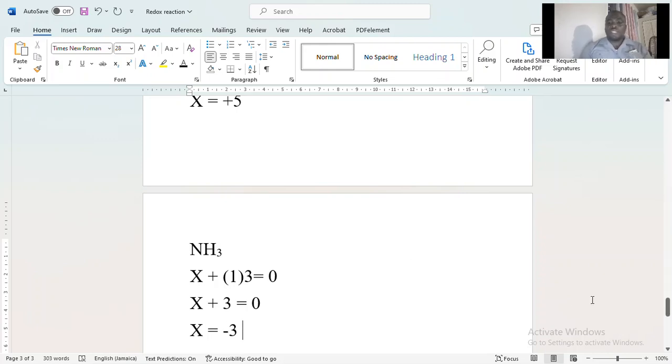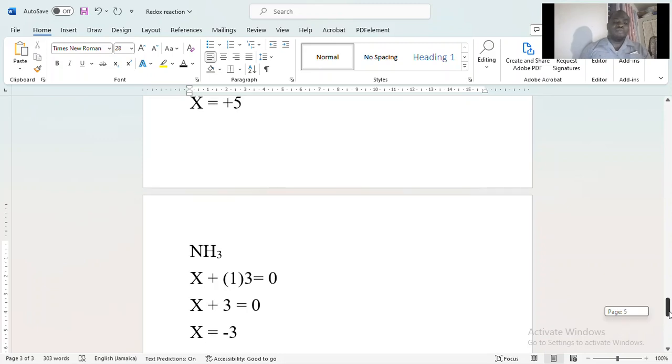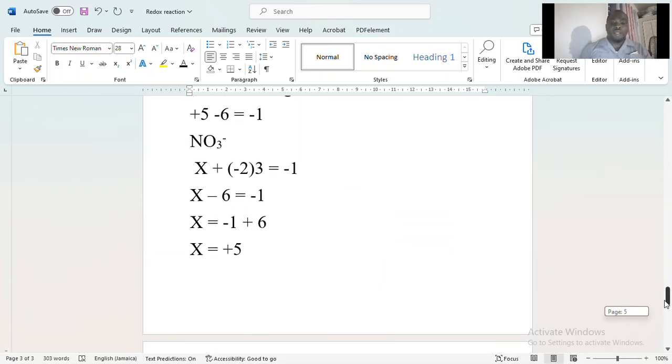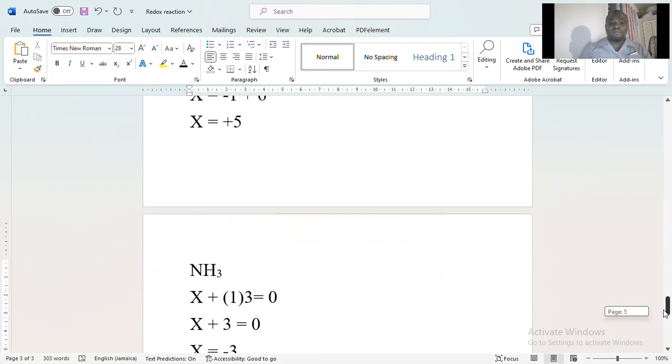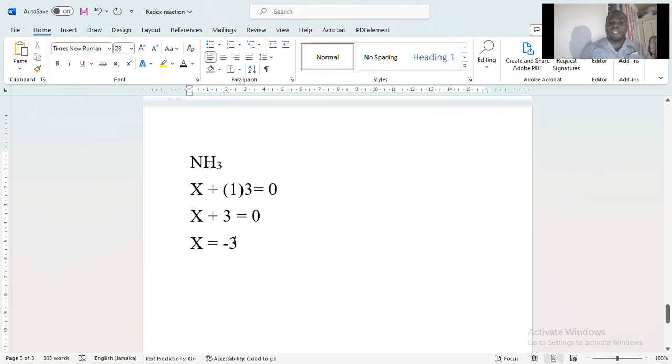So here it is again, as I said before, nitrogen. Up here, the nitrogen was a plus 5. Right here, the nitrogen changes its oxidation state to a -3. And so these are some of the elements that you want to monitor when you have them in an equation. Cool? So try sulfur trioxide.